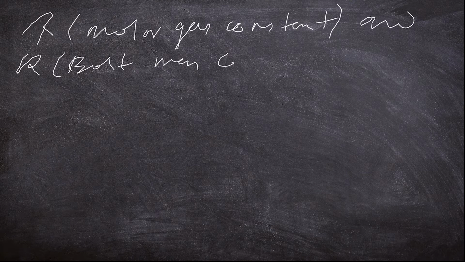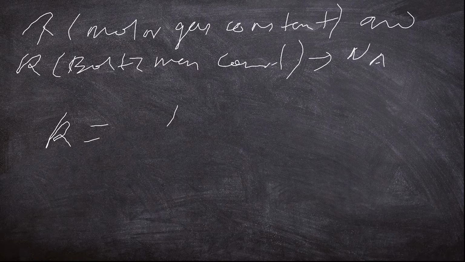They are connected to the Avogadro constant, which is Na. Don't get confused. So here we have the equation k equals R by Na. So the Boltzmann constant equals R upon Na.